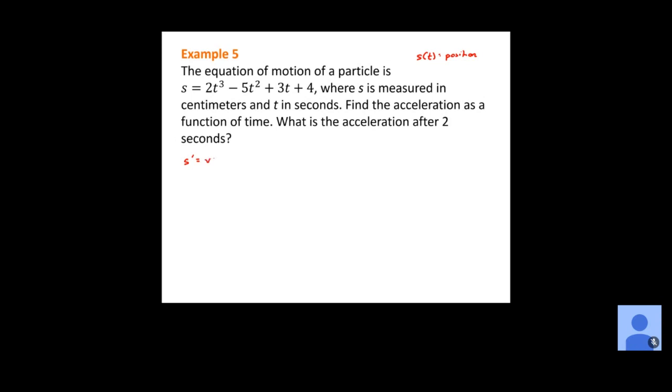What is that first derivative going to be? Good, we have 6t squared minus 10t plus 3.